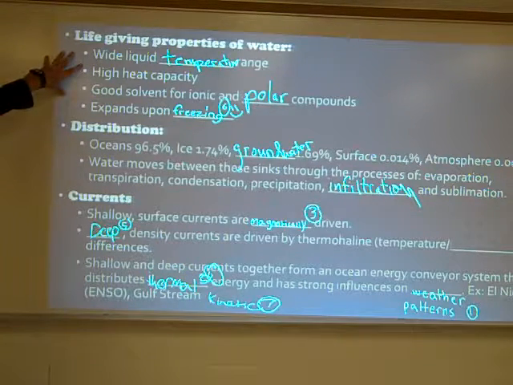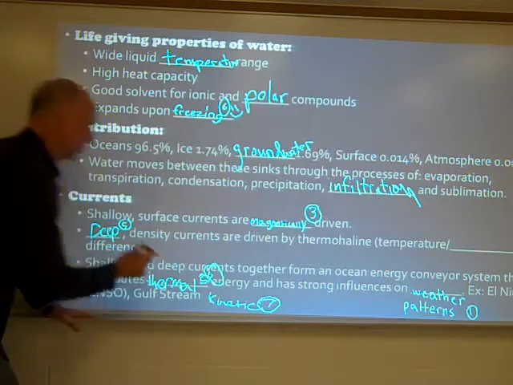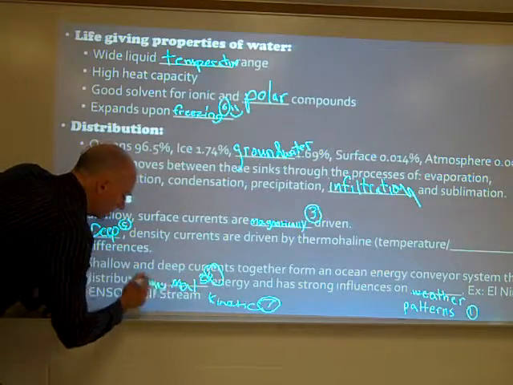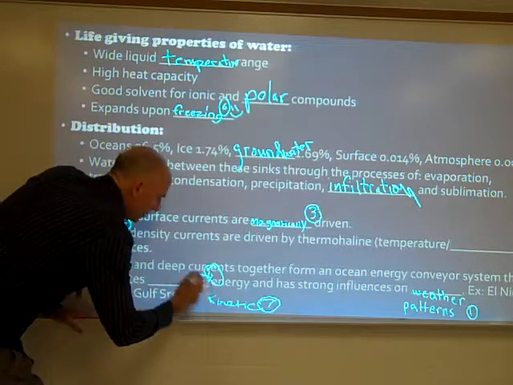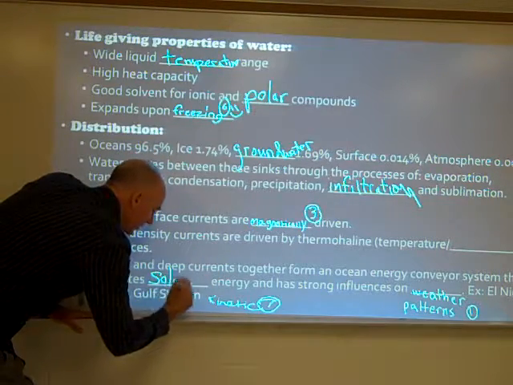Like I said, water has a high heat capacity. This is important for energy distribution, the energy that the ocean distributes around from the sun. The energy from the sun is not thermal; it's only thermal once the water absorbs it, so we're going to call this solar energy.